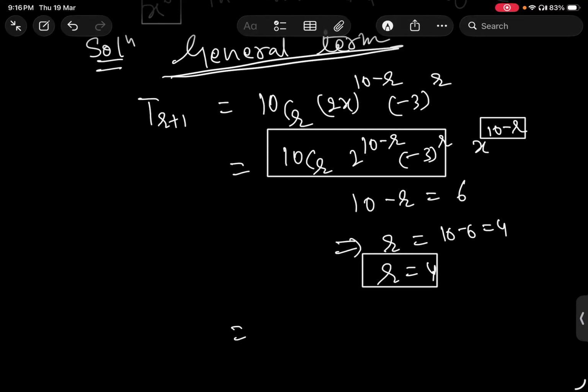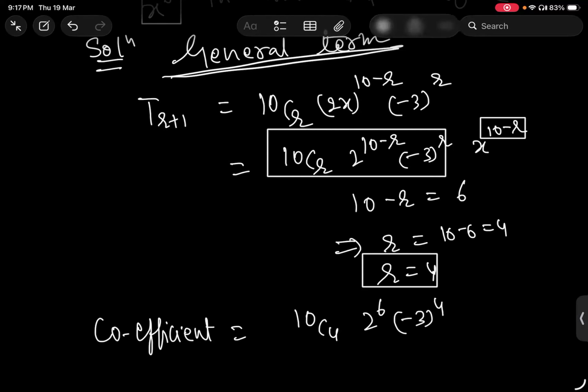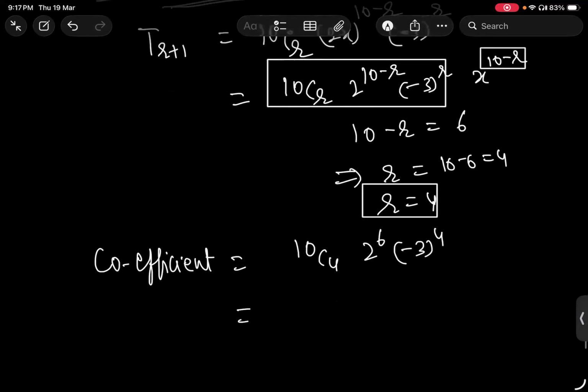So the coefficient equals 10C4, 2 to the power 10 minus 4, that is 6, and (-3) to the power 4. So this becomes 10, 9, 8, 7 over 1, 2, 3, 4, and 2 to the power 6 is 64, and 3 to the power 4 is obviously 81.